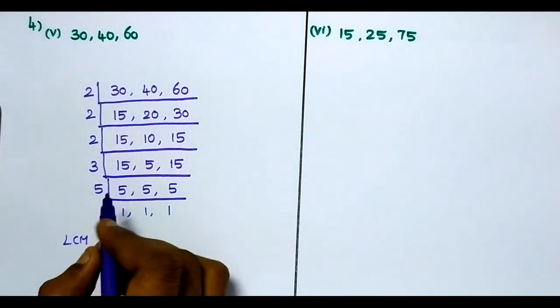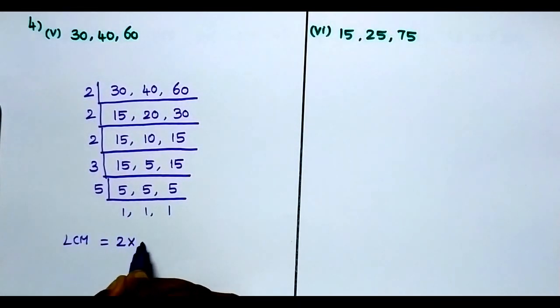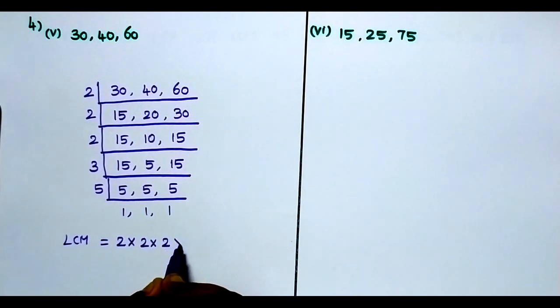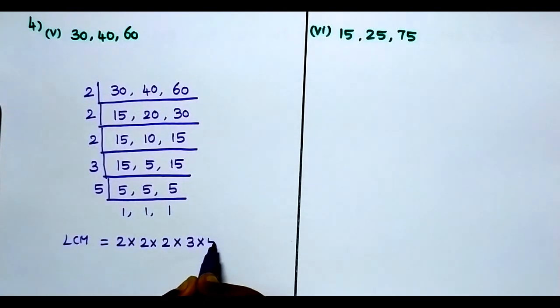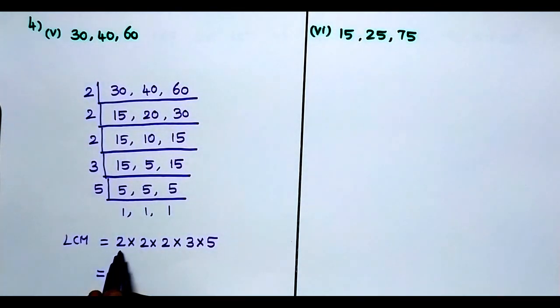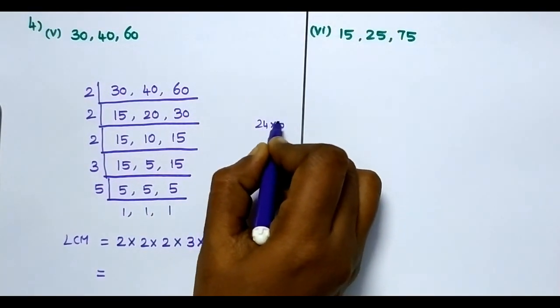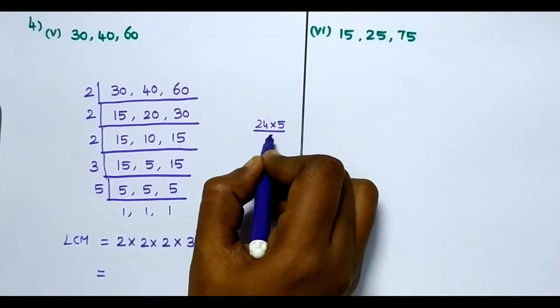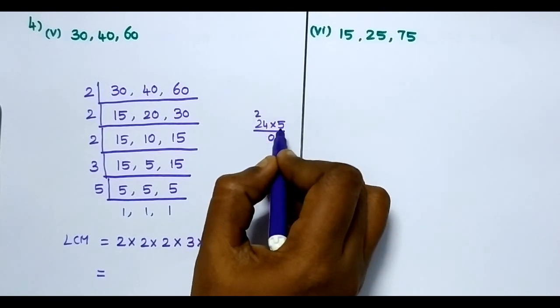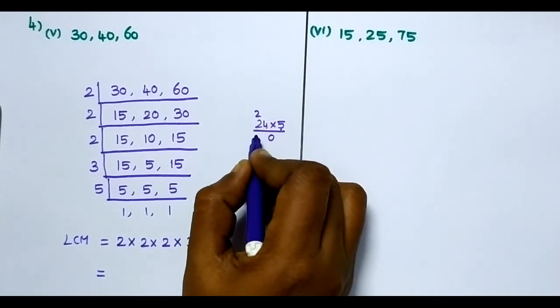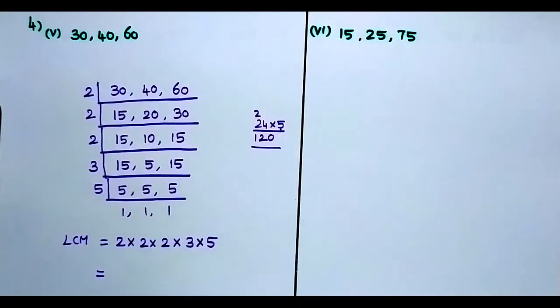LCM equal to, write the factors, 2 into 2 into 2 into 3 into 5. 2 2s are 4. 4 2s are 8. 8 3s are 24. 24 5s are 5 4s are 20. Carry over 2. 2 5s are 10. 10 plus 2 is 12. So 120. LCM equal to 120.